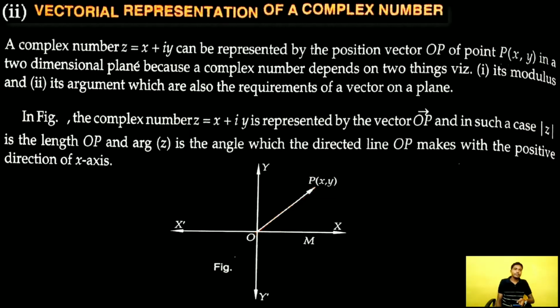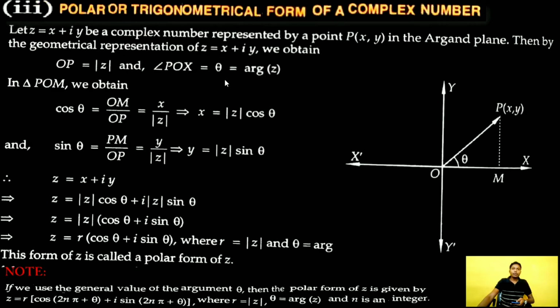Okay. Now we will discuss the polar or trigonometrical form of a complex number. For the polar form, we need r and theta. This is our complex plane, or Argand plane, and to represent any point we need r and theta. Clear?